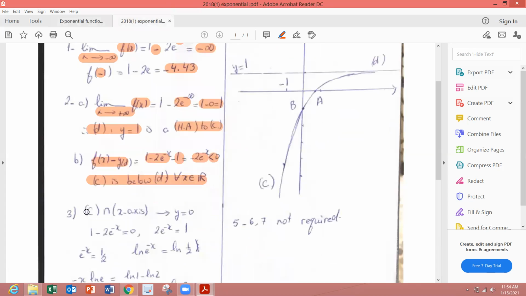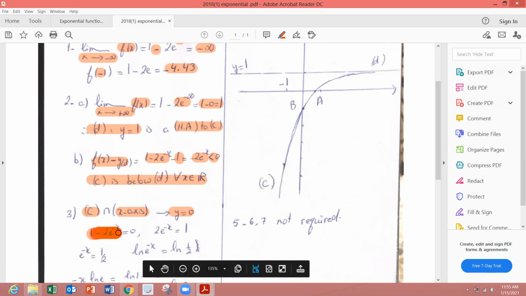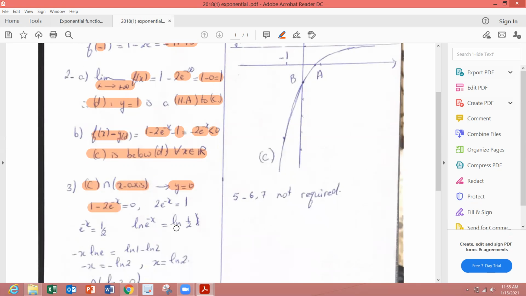C intersects the x-axis, it means y equals 0. It means that 1 minus 2e to the minus x equals 0. X is to one side: 2e to the minus x equals 1, e to the minus x equals half.